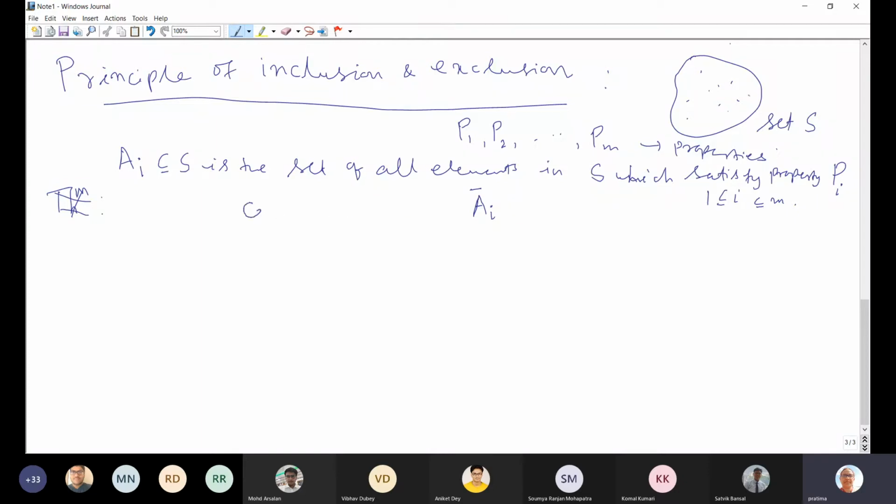I'll use the notation Ai bar for complement, and this is the set of all elements in S which do not satisfy property Pi.